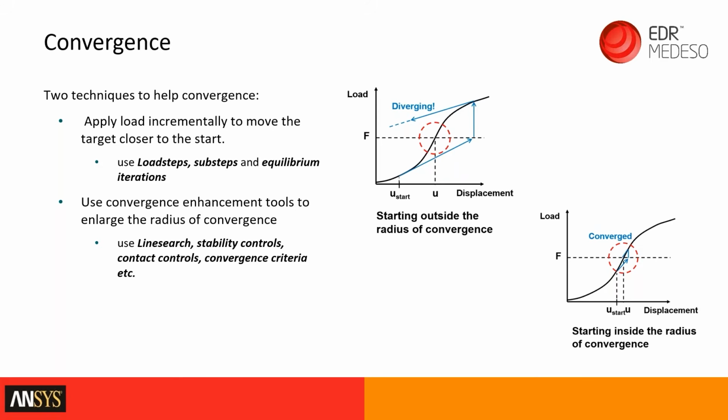They can all help you achieve convergence. And the last one mentioned there is convergence criteria, the Newton-Raphson residuals and the tolerance that you apply in terms of achieving convergence. Actually, I don't recommend changing the convergence criteria. Ansys puts a default value on there, and usually this is pretty good. You don't really want to be loosening that tolerance and getting a less accurate solution.